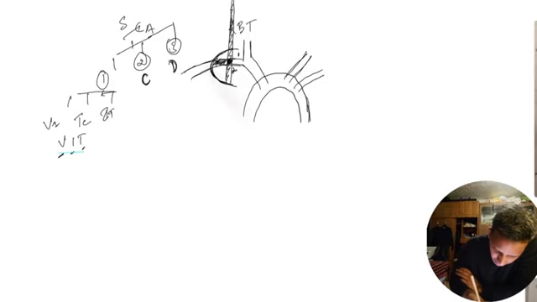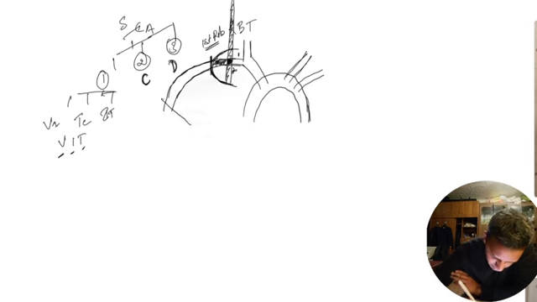Now it continues as your axillary artery. Your axillary artery extends from the outer border of your first rib to the lower border of your teres major muscle, right?